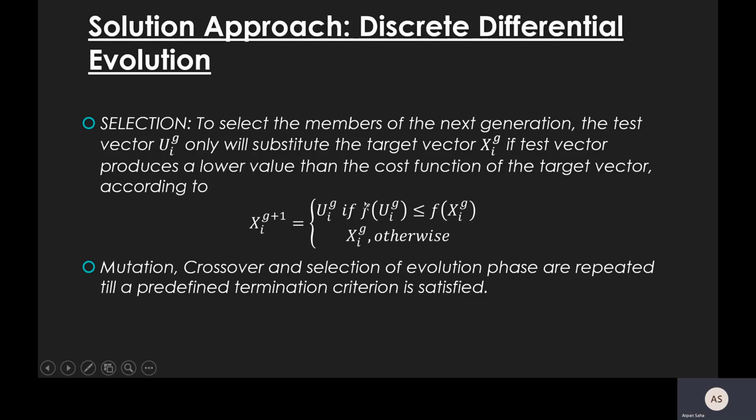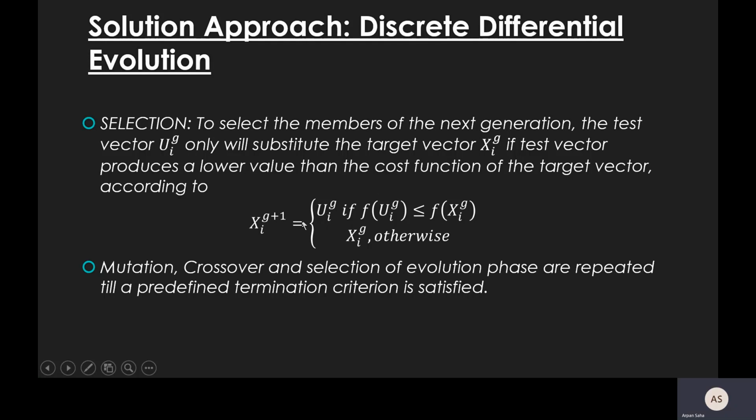Now, the next step is selection. In one particular generation, we have 3 sets of vectors. What are those? Target vectors, mutant vectors, and test vectors. Now we will select which are the best, that is, which are the members that will go to the next generation.